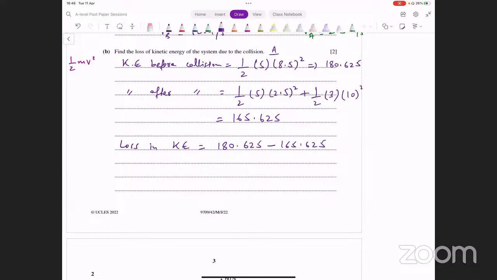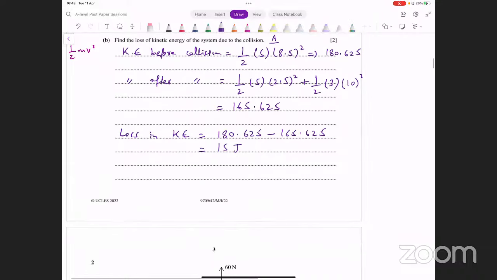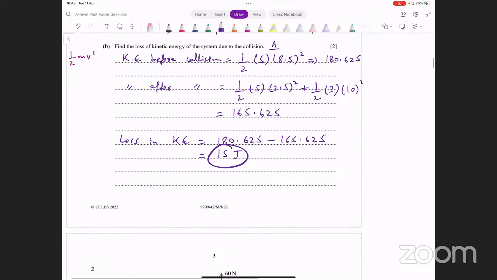And that turns out to be 15 joules. That is the loss in kinetic energy that we have here. Okay. Now, if you were looking for change in kinetic energy, you would write minus 15, but it says loss in kinetic energy. In loss, the minus sign is already incorporated, so you don't need to put a minus sign there. This is just going to be 15 joules like this.